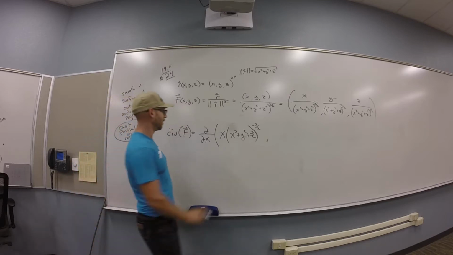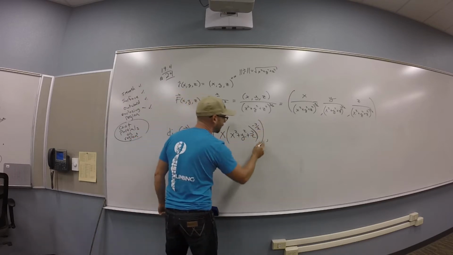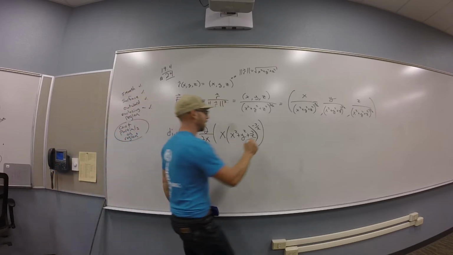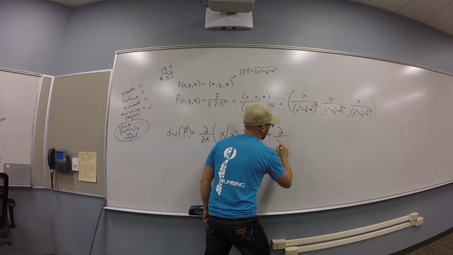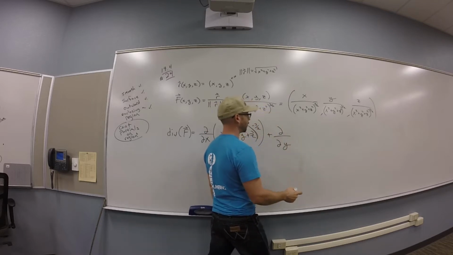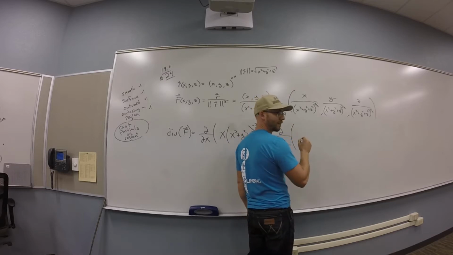And then, whoops, sorry, partial with respect to x of that stuff. And then plus the partial with respect to y of the same thing but with y's instead, and similar for y and z.